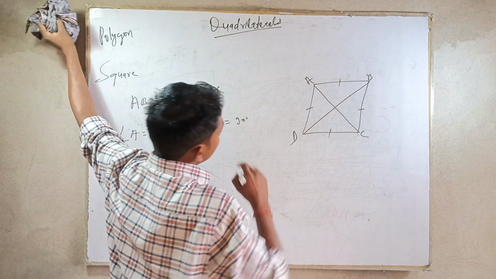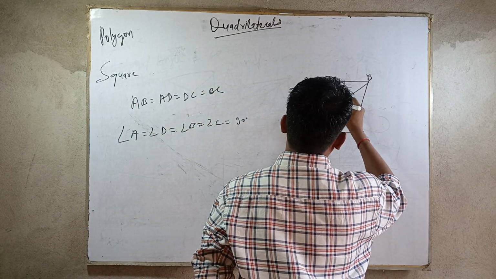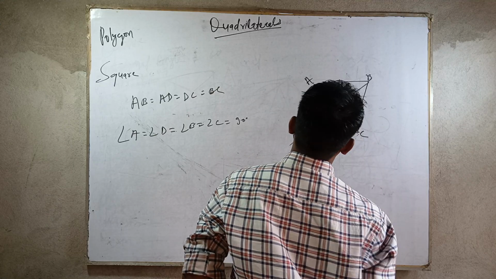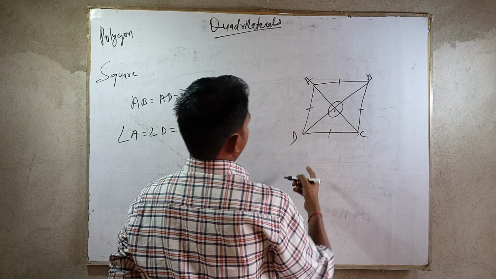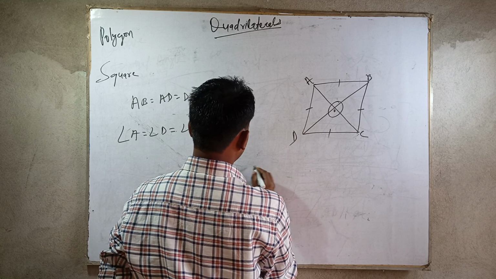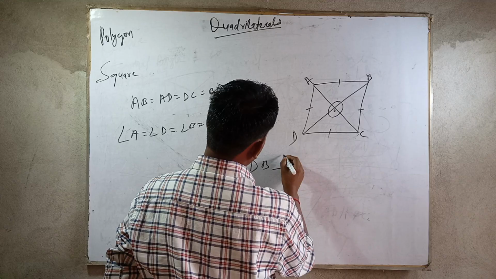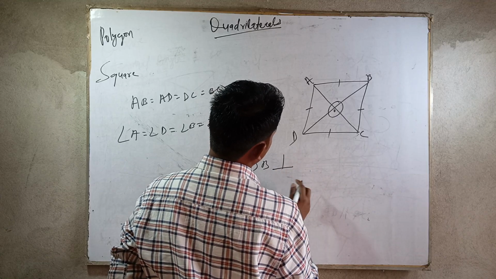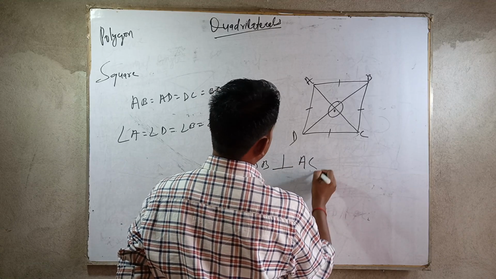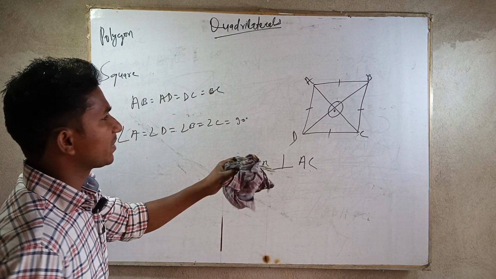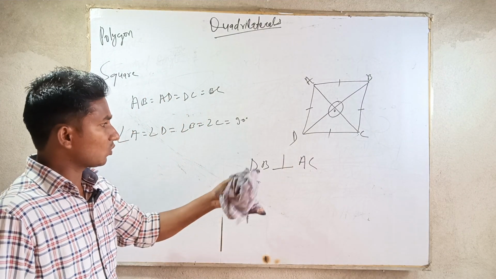And one thing is a must: DB is perpendicular to AC. This is a special case of a square.